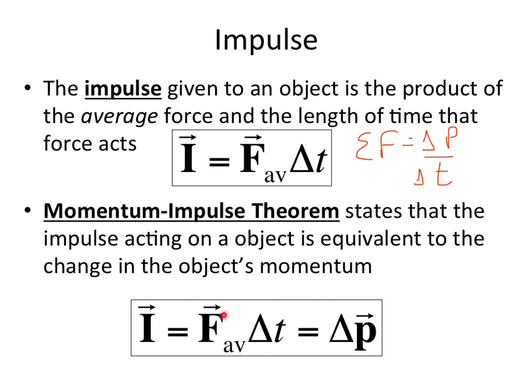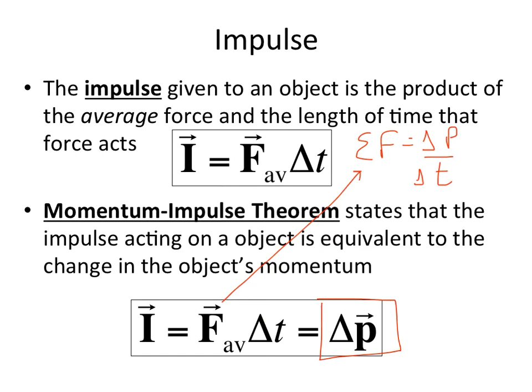If our average force, for now we're just equating it to our net force, is change in momentum over time, and if impulse is that force times time, then the times cancel out. So this in the numerator and this in the denominator go away, and impulse is really described as our change in momentum.